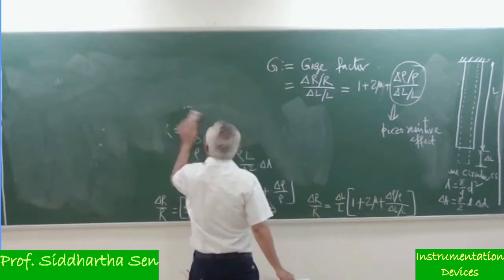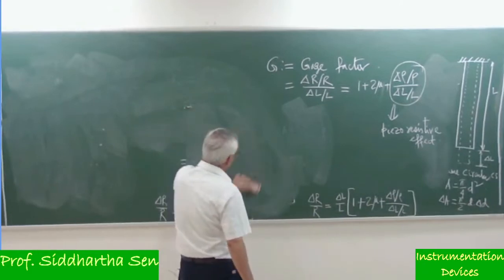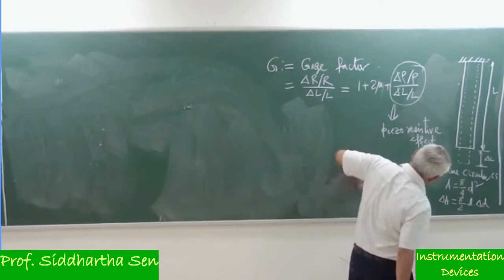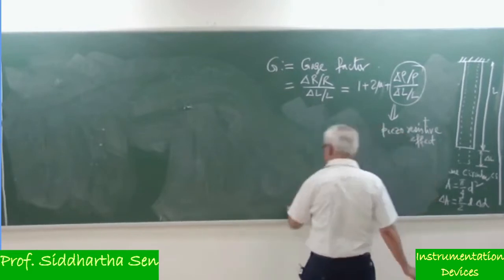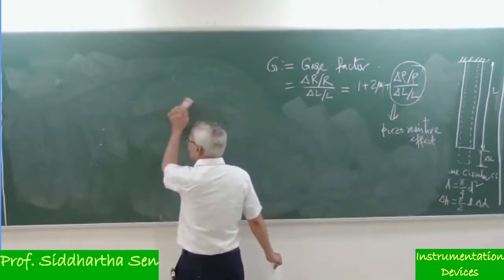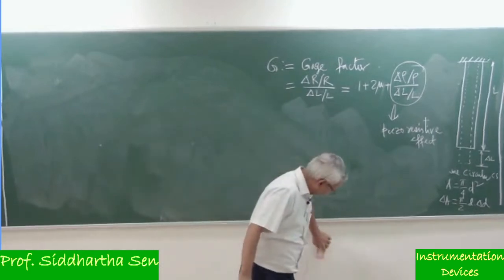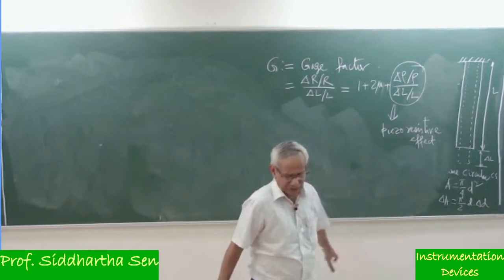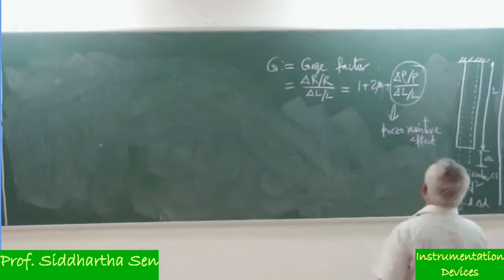So, for the range of gauge factor, you can say that the first two terms, 1 plus 2 mu, comes to be equal to 1.6. So, naturally, whatever be the value of the gauge factor for a material, for metals we don't have much to play.